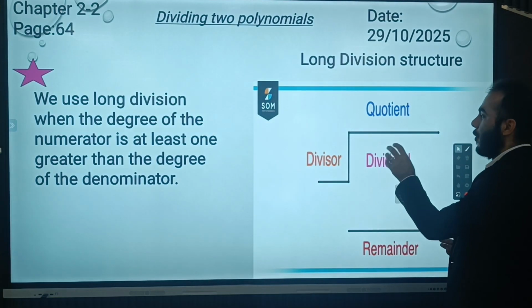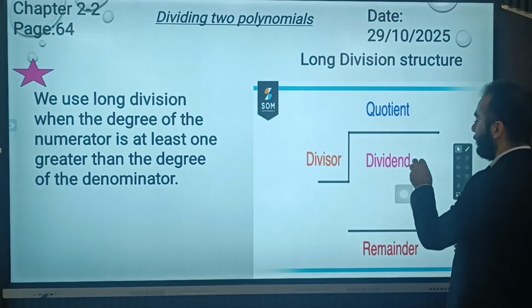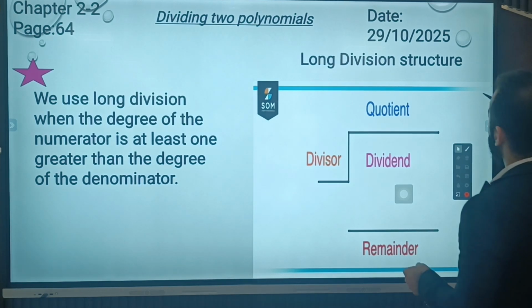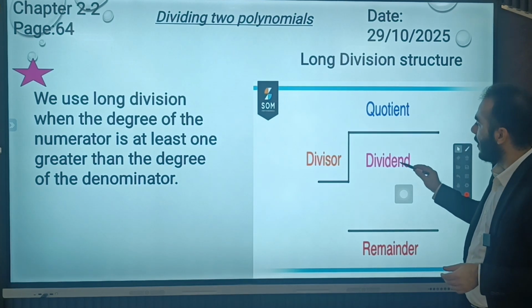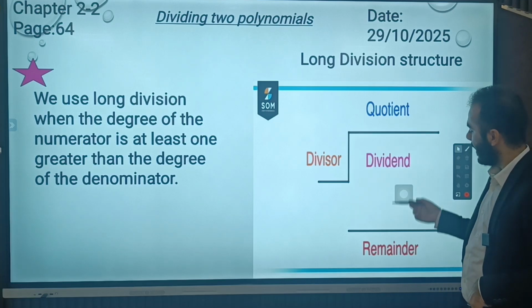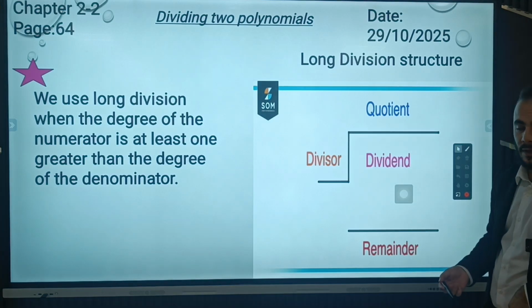So for that reason, we will use long division. So the long division structure is here: dividend, divisor, here is the quotient and here is the remainder.